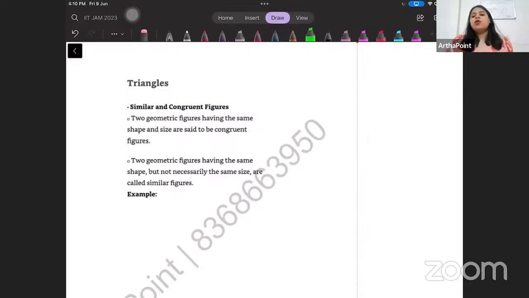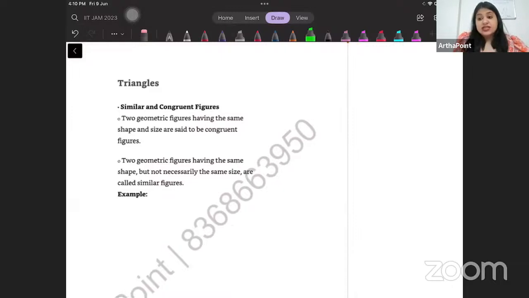First, we want to understand the difference between what is a similar and a congruent figure. Okay, so two geometric figures that have the same shape and size, both should be the same, meaning as much as one is, the other is, same shape and size, they are called congruent, right?